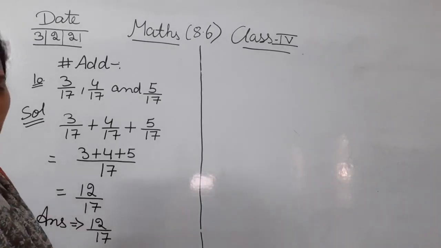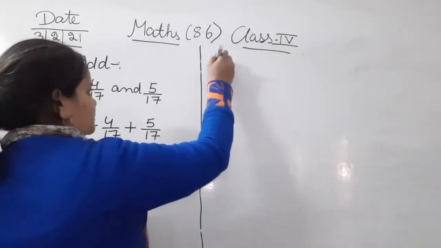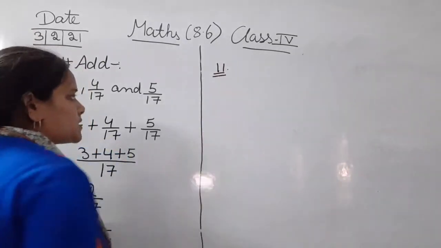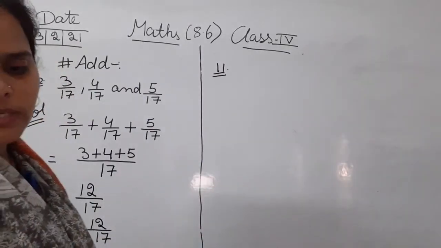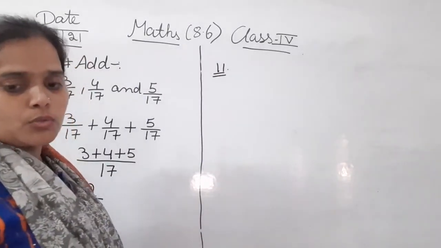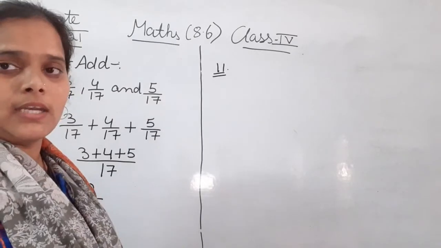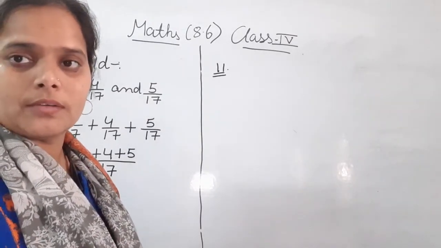Moving next to question number 11. In question number 11 we have to add 2 upon 9, 1 upon 9 and 5 upon 9.